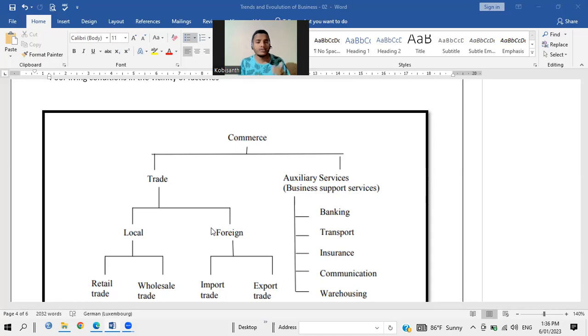So obviously, when it comes to foreign trade or international trade, we understand that the trading process is happening out of a country. For example, Dumbro is one of South Asia's largest furniture producers.